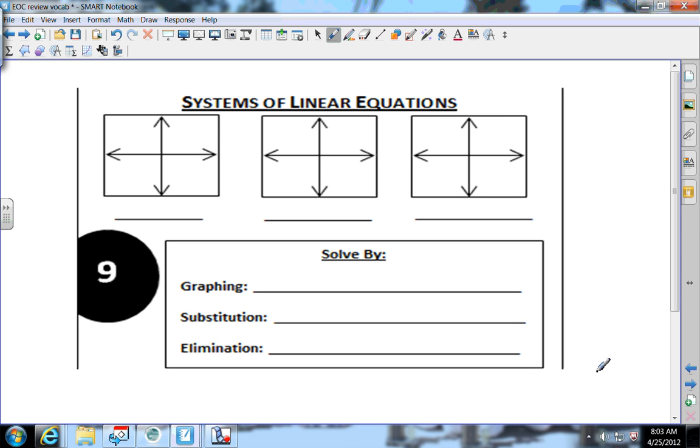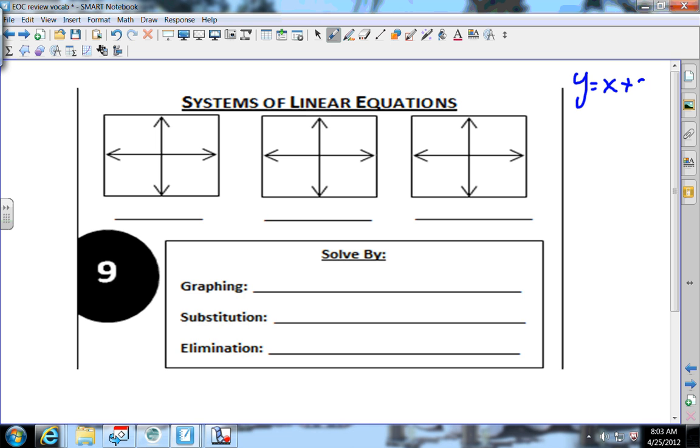Okay, what is a system of linear equations? What does that even mean? Systems mean how many? A lot of them. And in algebra, we've only dealt with how many? We've dealt with 2.